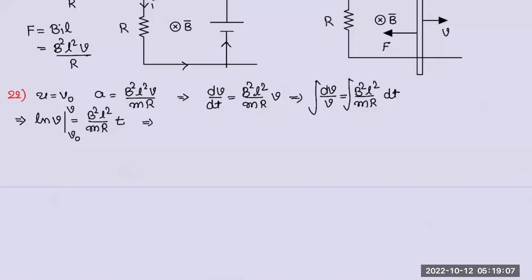That implies ln of v by v naught is equal to B square L square by mR into t.